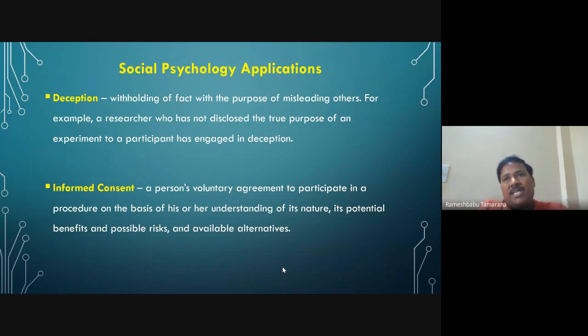If you are using deception and are withholding a small piece of information, the remaining 75 to 80% of the information should be given beforehand, so they make an informed consent, their own personal judgment whether they can be part of this study or not. That is what informed consent basically is.